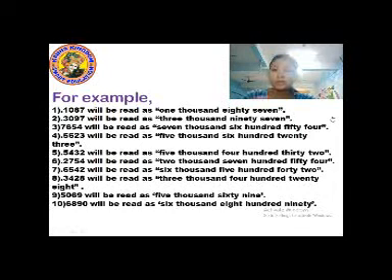The number 5069 will be read as 5069. And the 10th example, or the last example, is the number 6890. The number 6890 will be read as 6890.